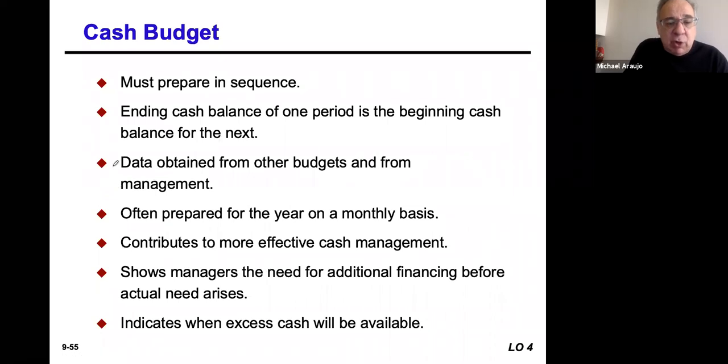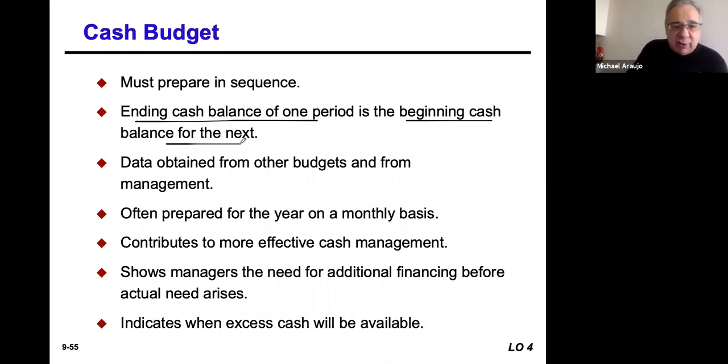Okay, so again, here are some interesting things. You must prepare the cash budget in sequence. The ending cash balance of the first quarter, for example, is the beginning cash balance of the second quarter. The ending cash balance of the second quarter is the beginning cash balance of the third quarter, things like that.